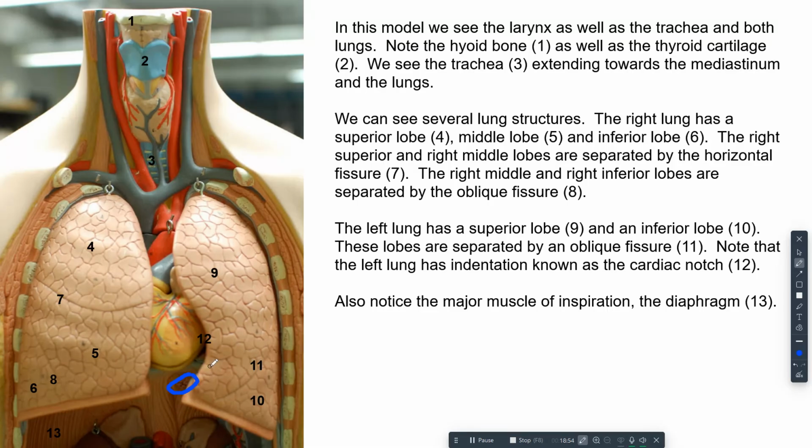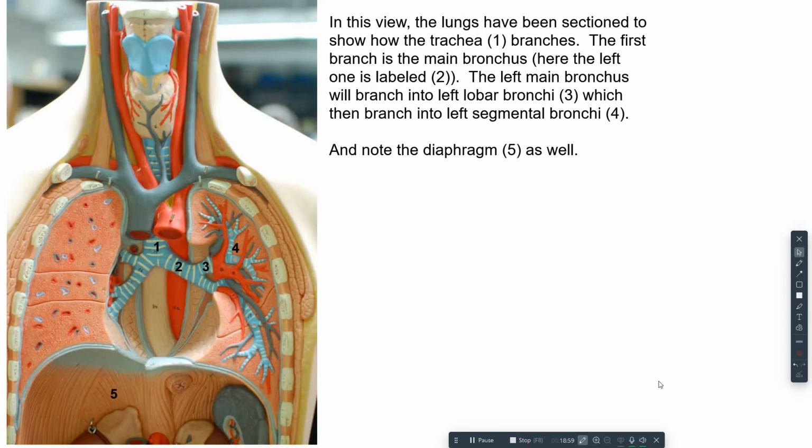Okay, good stuff. Let's take this model apart a little bit, see what's inside. So we got that trachea coming down. The trachea is going to branch right here, and I get a main bronchus labeled on the left here. Of course, there is a main bronchus on the right as well. The main bronchus is going to branch into lobar bronchi. So I've got a superior lobar bronchus with the number 3, and there's an inferior lobar bronchus right there.